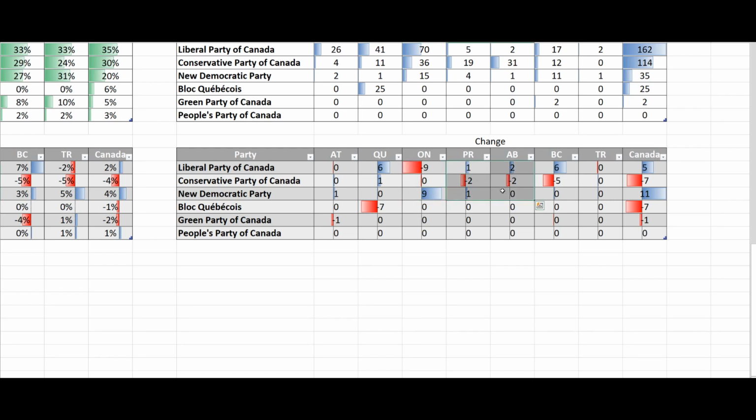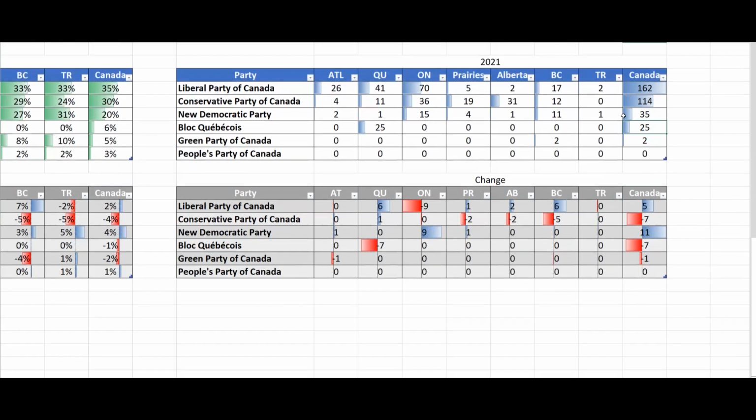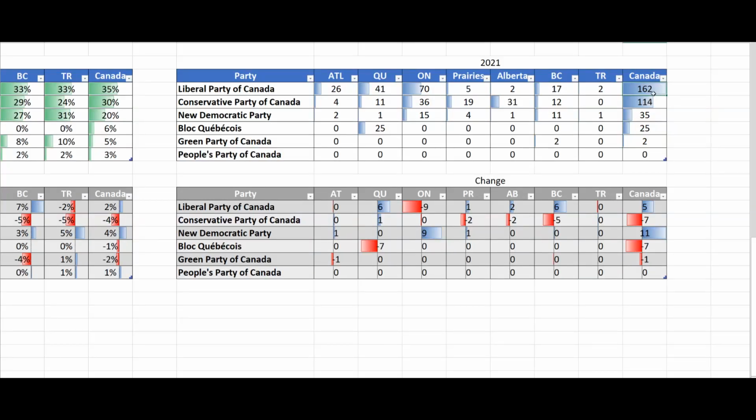The Conservatives are going to lose a couple seats out west just because it's perceived that they mishandled the whole COVID situation, and British Columbia looks like it's swinging Liberal, and no one cares about the territories. So overall, it's looking like the Liberals are going to end this with 162, the Conservatives 114, the New Democrats 35, and the BQ 25.